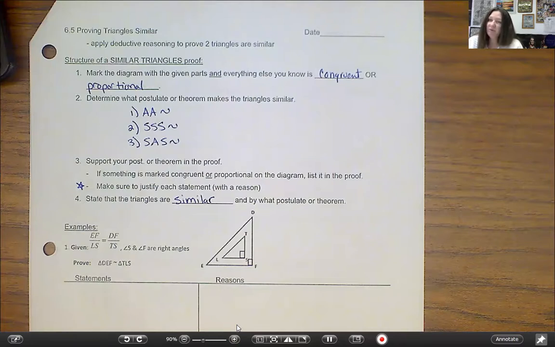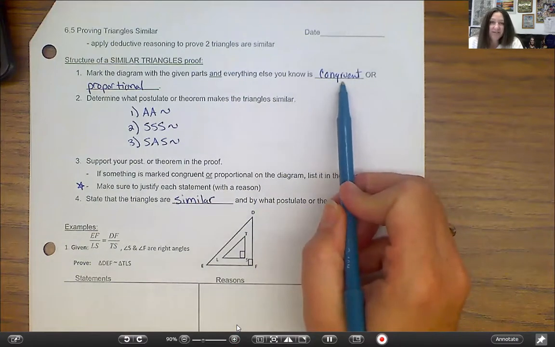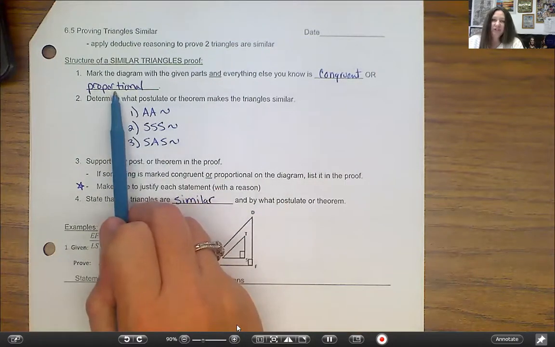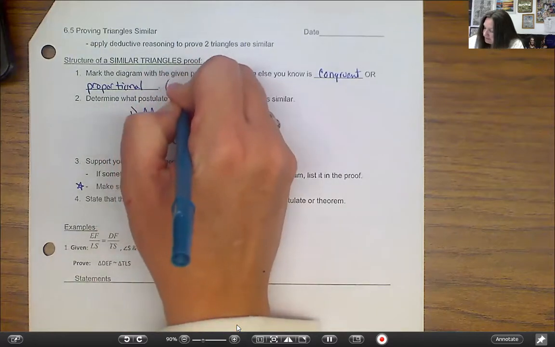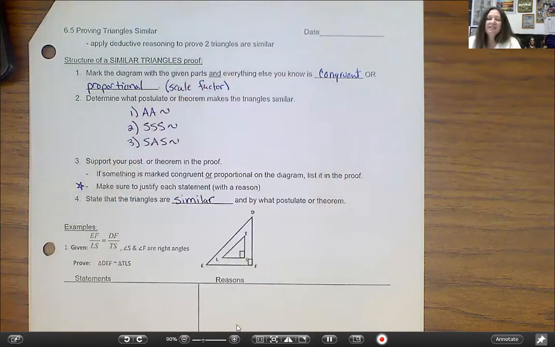Now, we want to be looking at angles that could be congruent or sides that can be proportional. And when you're testing your sides for proportionality, what you should really be looking at is what value you are getting for that scale factor.